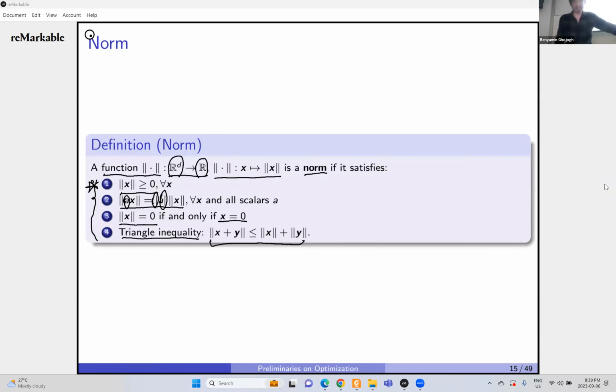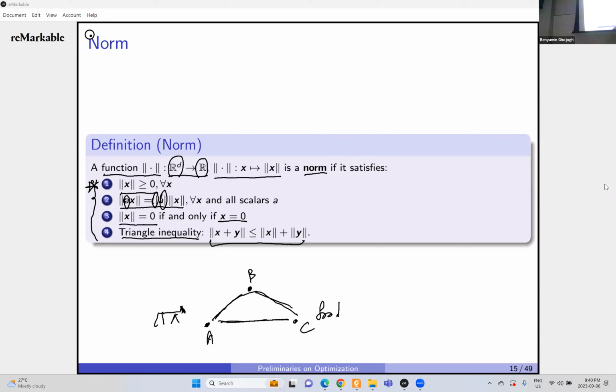To understand this, consider this example. Consider A, B, C, 3 points. I have one path like this, and another path like this. I have a donkey here, and I have some food here.